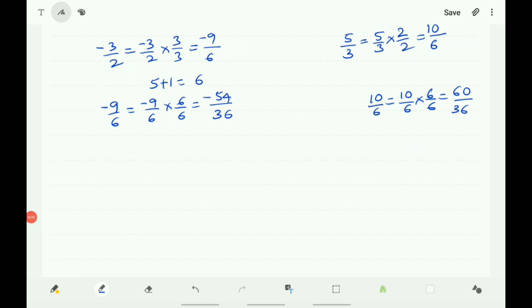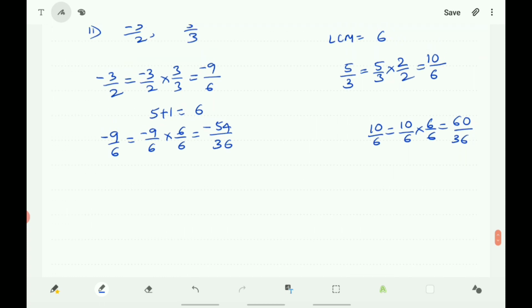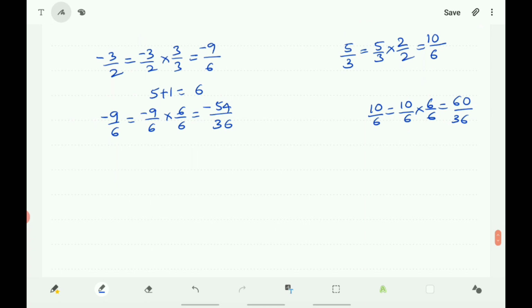Then you write the rational numbers between minus 54 by 36 and 60 by 36, means it must be greater than minus 54 by 36 and smaller than 60 by 36. So the first rational number that you can write is minus 53 by 36. Next minus 52 by 36, minus 51 by 36, minus 50 by 36, minus 49 by 36.